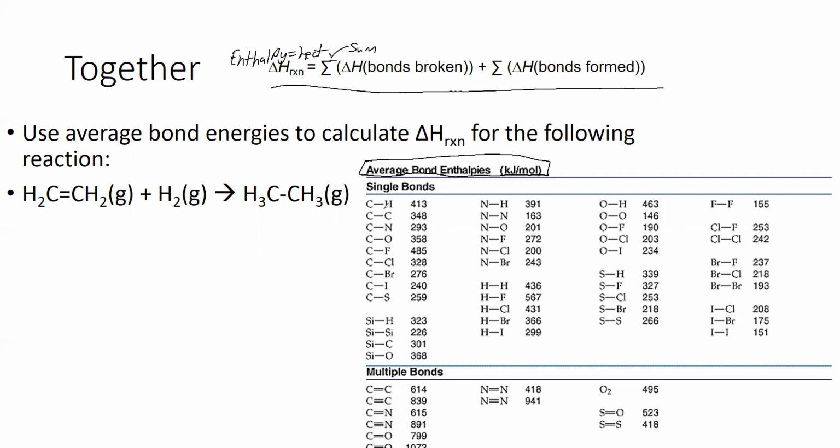So what this table says is that if I want to break a single carbon hydrogen bond, I have to put in 413 kilojoules of energy. All right, that's what this table says. And so we're going to learn how to use it in a second. So we sum delta H of bonds being broken plus sigma delta H bonds being formed.